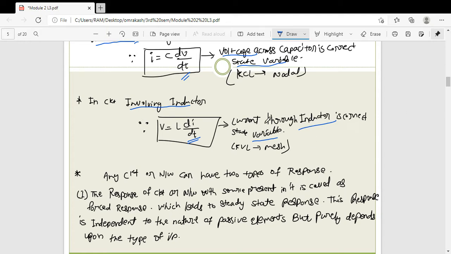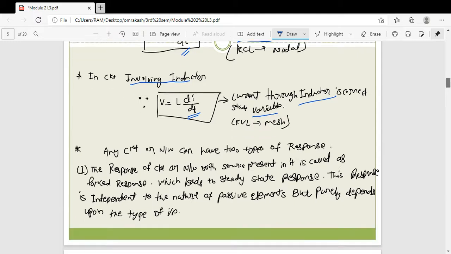By observing this, you have to decide which is the dominant element for a first order circuit and what the state variable is. You can also say simply that if C is connected in the circuit, your state variable is voltage, and if an inductor is connected in the circuit, your state variable is current.